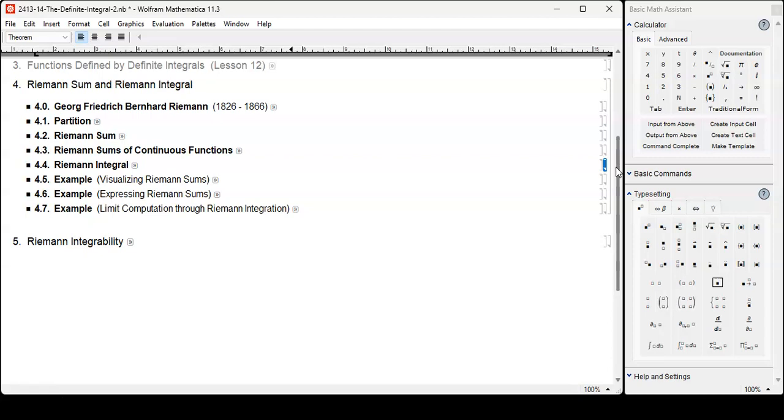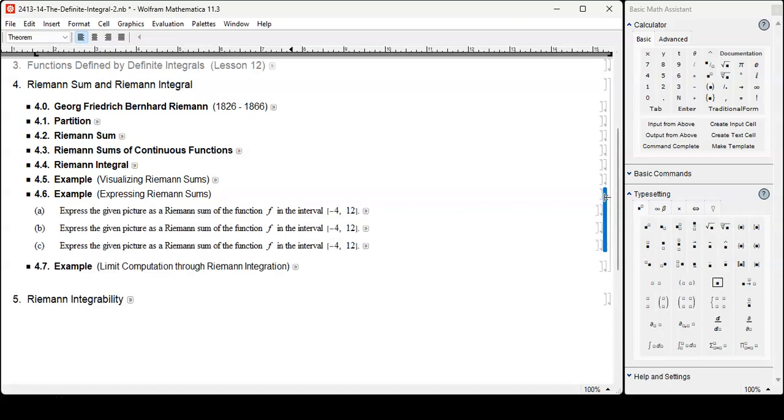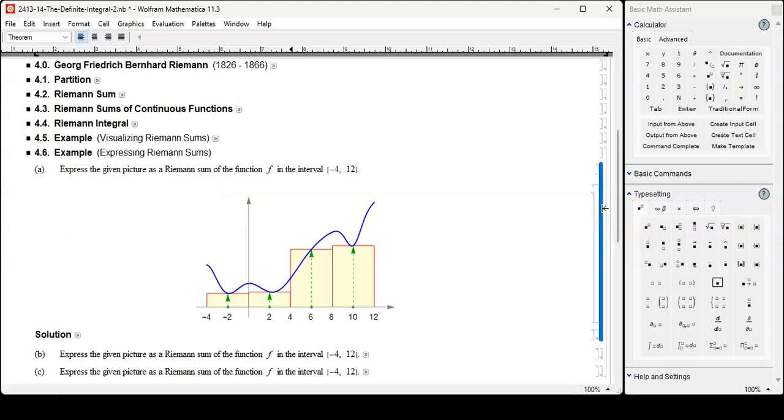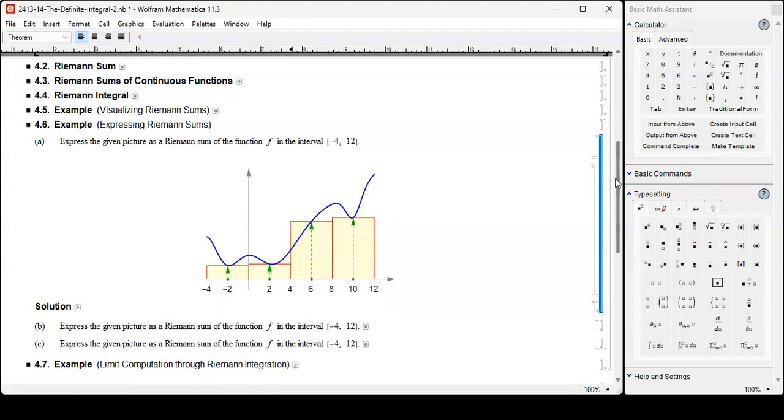Do you have time for an exercise? Let's try. Express the given picture as a Riemann sum in this interval. Okay, like this. So, function values f of -2, f of 2, f of 6, and f of 10, those are the heights.